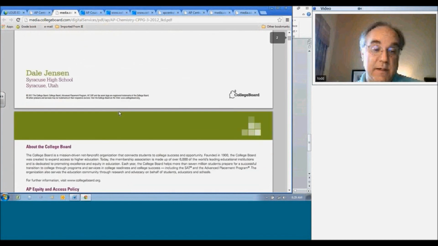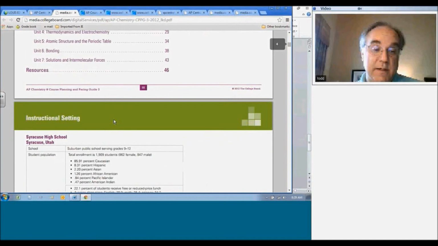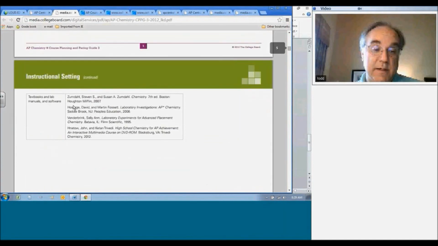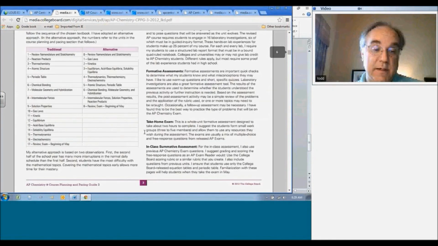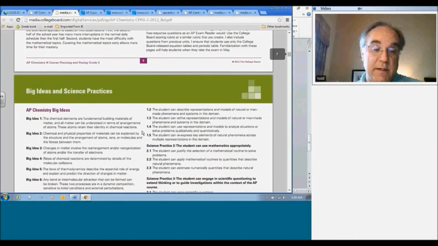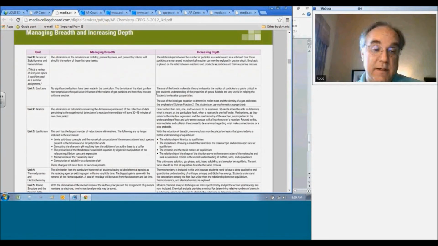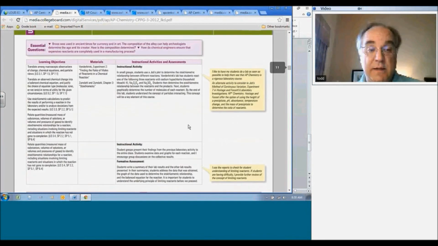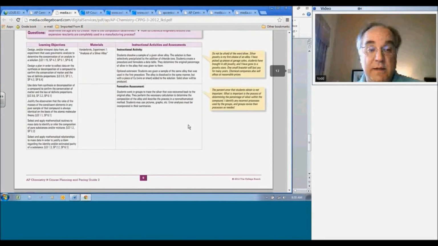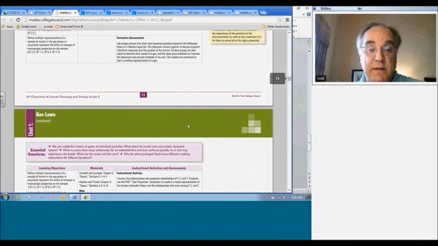So there's the first part, and then we can actually get into his school's demographics, the instructional time, how he prepares the students, course outline, what he does, his big ideas, and his unit, and how he increases the depth of the unit. And then he's structured around the essential question. And there's a variety of things that you can find here.